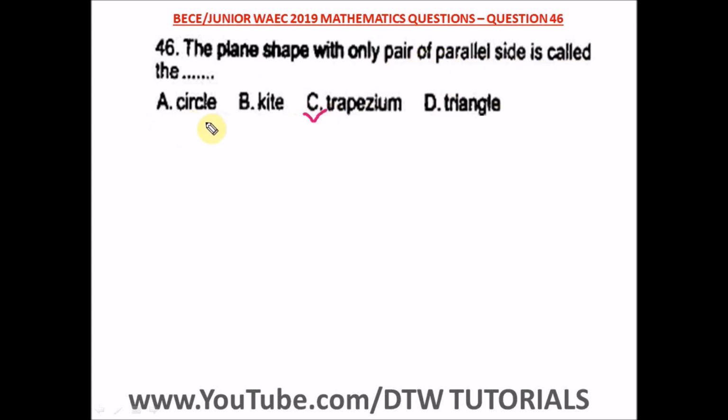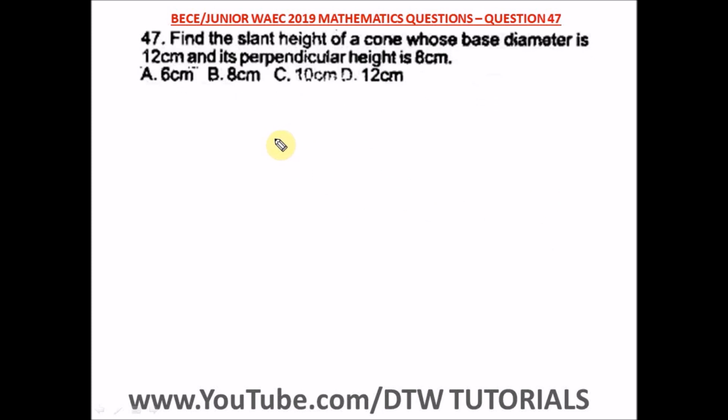It's not a circle, it's not a kite, it's not a triangle, it's a trapezium, because you have this and this is the pair of the parallel sides. So it is a trapezium.